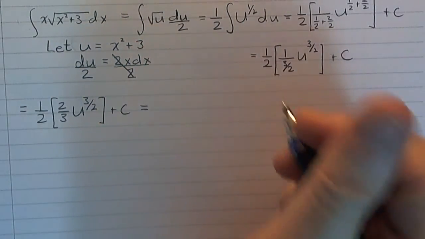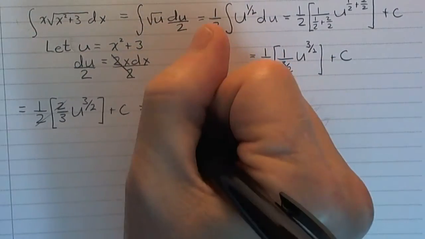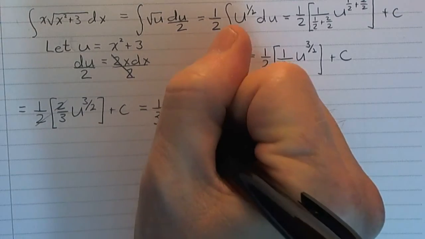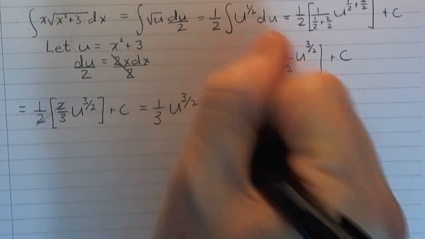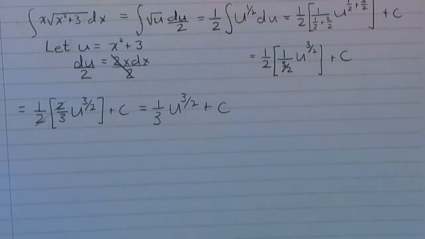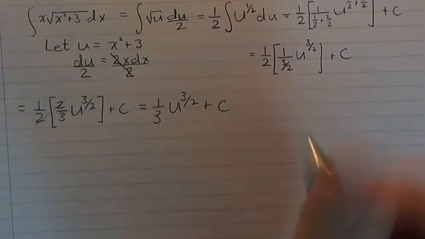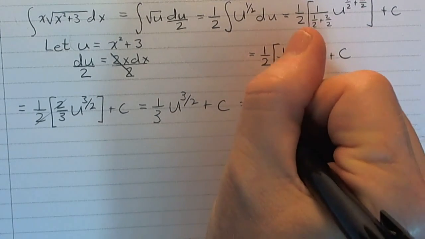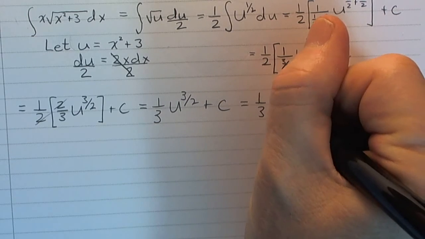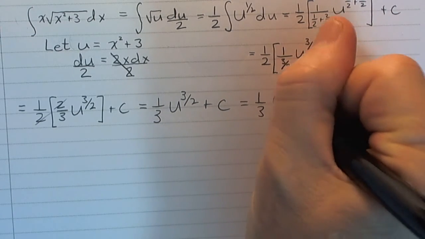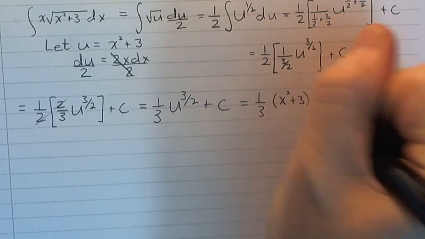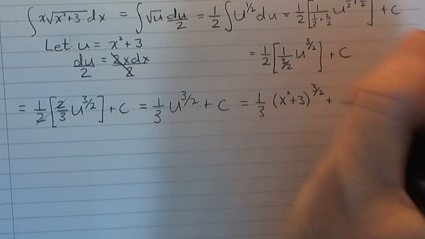So the 2's would cancel here, and that would give us 1/3 u to the 3/2 plus c. There it is. And you can go back and substitute back in if you like. We could say this is 1/3 times x squared plus 3 to the 3/2. We could do that if we wanted.